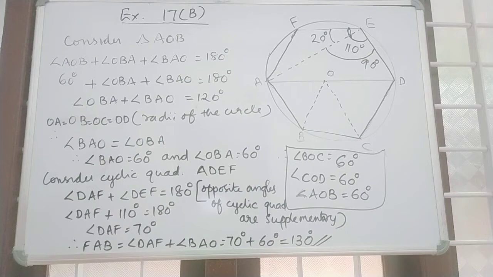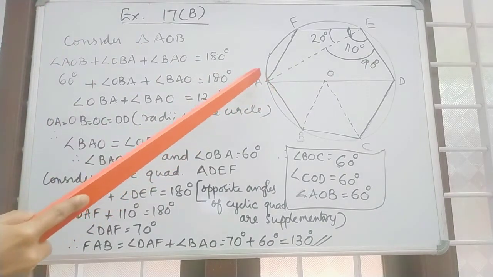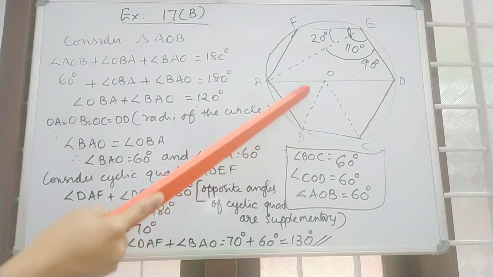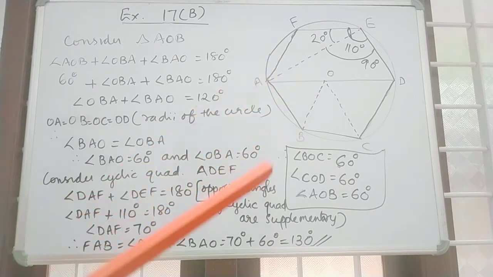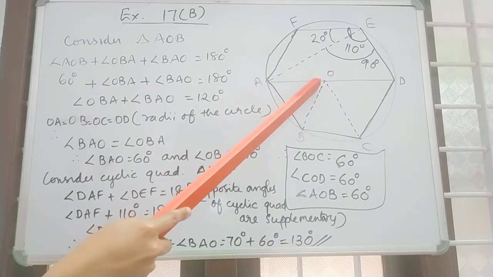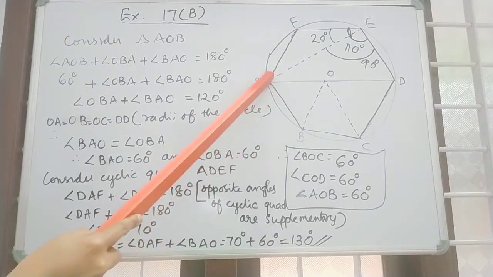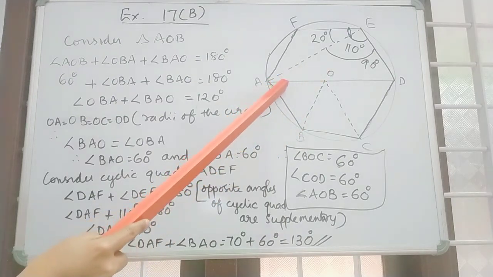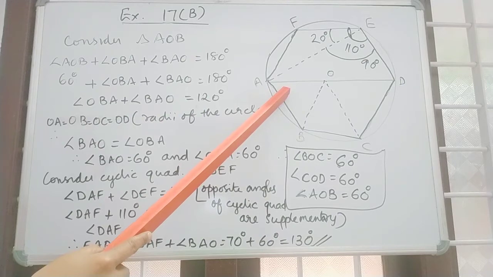Consider triangle AOB. Sum of angles of a triangle is equal to 180 degrees. That is angle AOB plus angle OBA plus angle BAO, this total sum will be 180 degrees.